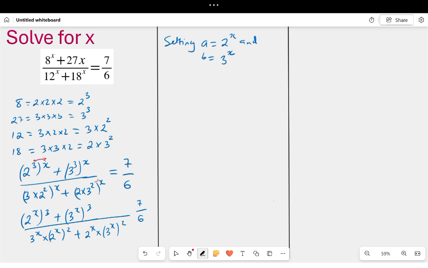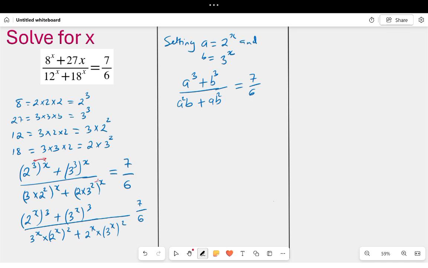So instead of 2 to power x, I'm going to have a now cubed plus b cubed divided by a, so this is b, a squared, so a squared b, and then plus a b squared, which is equal to 7 over 6.